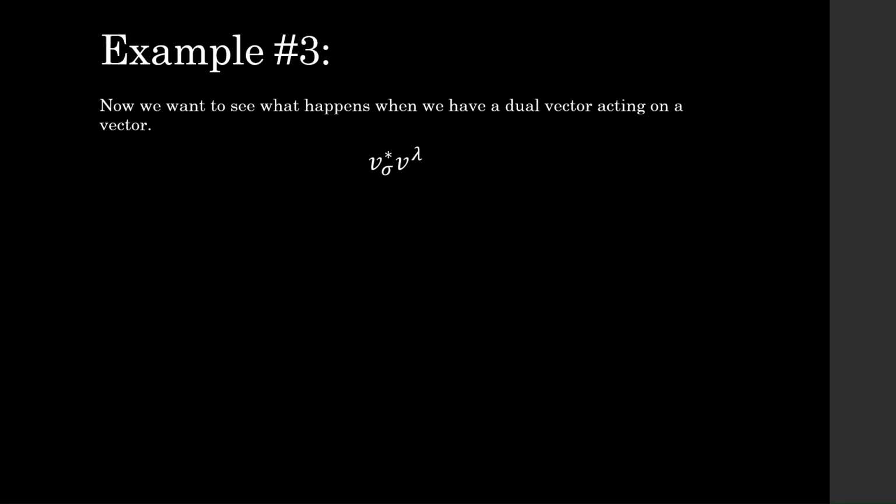Using the rules that we learned in the prior 2 slides, V star sub sigma is equal to V sub sigma times, in this case, the contravariant basis vector E of sigma. And then we have the contravariant vector V lambda equaling V lambda times the covariant basis vector E sub lambda. So we can just write this multiplication out explicitly.